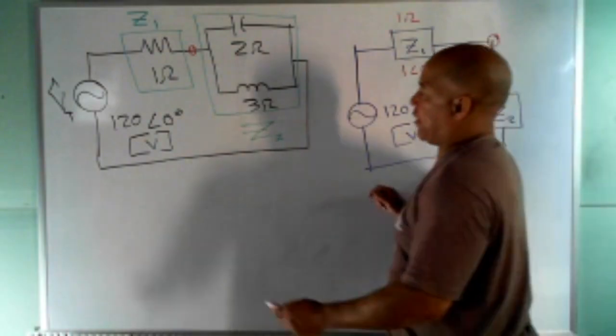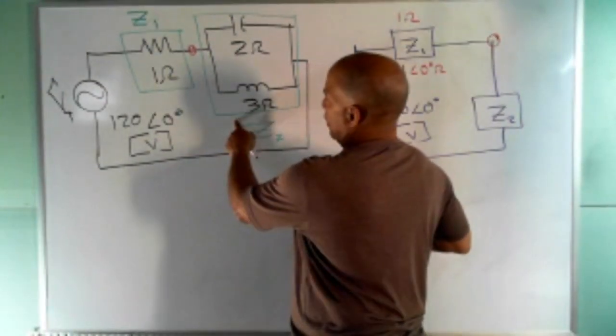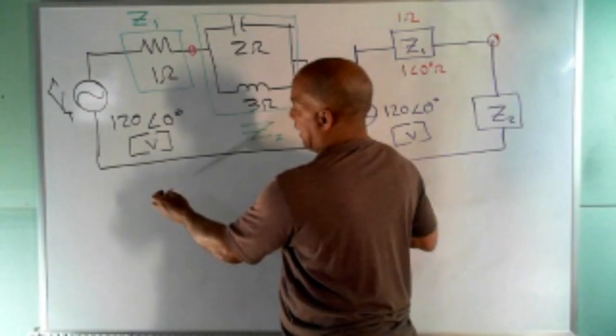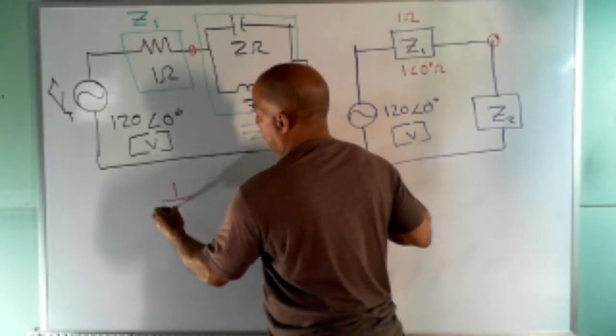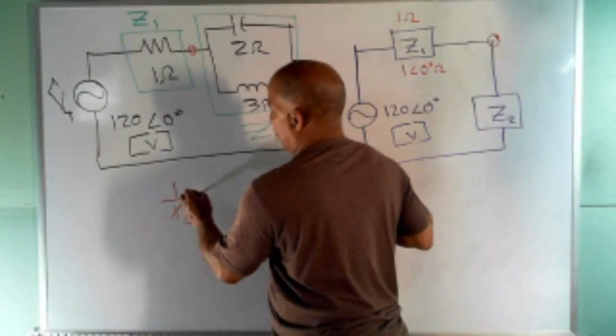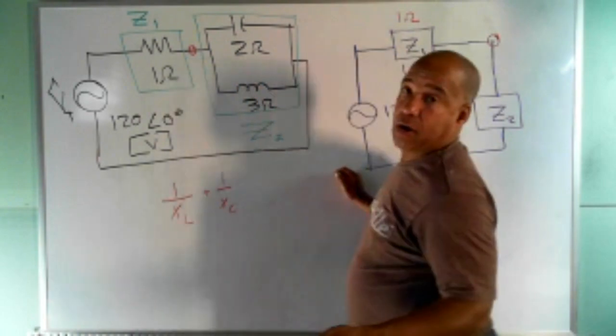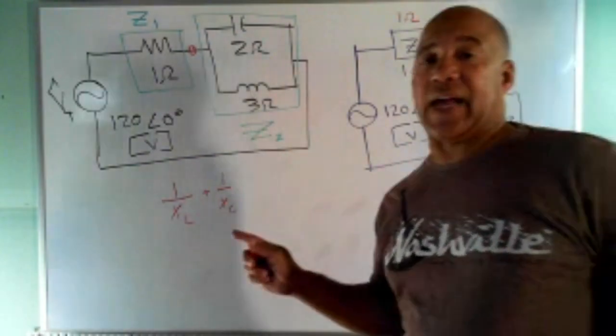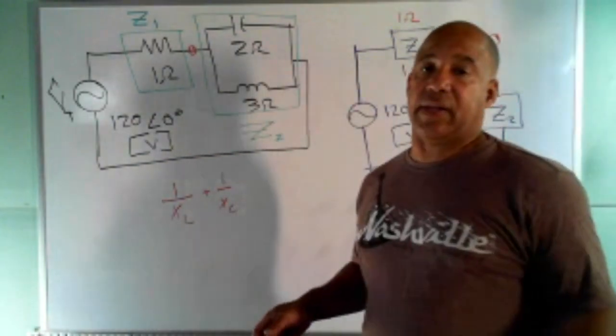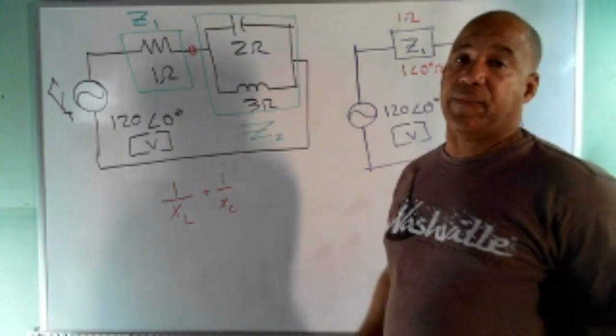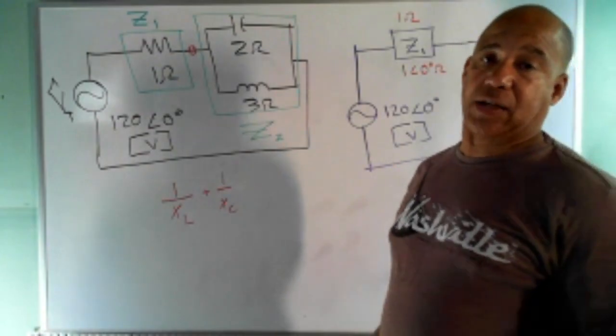What I have is 2 parallel reactances. So I have to do 1 over XL plus 1 over XC. Or, remember, I can treat this just like I would do a problem in DC. In DC, with these easy numbers, it might be better to use the product over the sum rule.